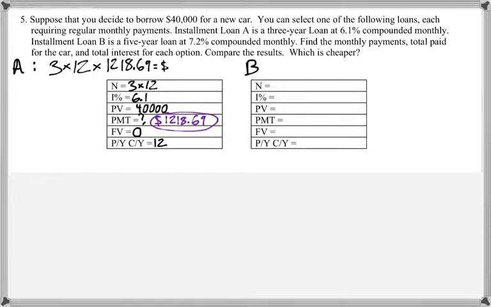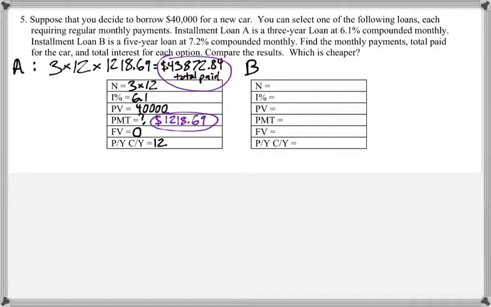And this will give us $43,872.84. So this is the total paid. I don't need to worry about adding in a down payment because we didn't make any down payment.